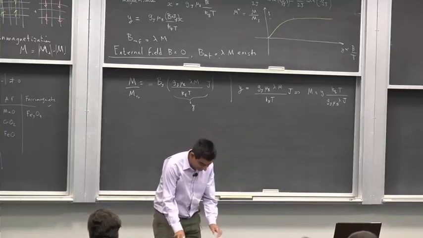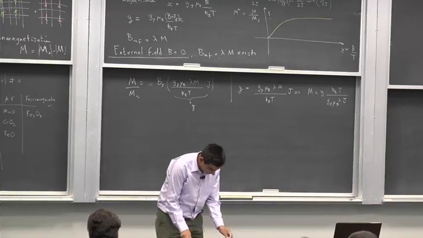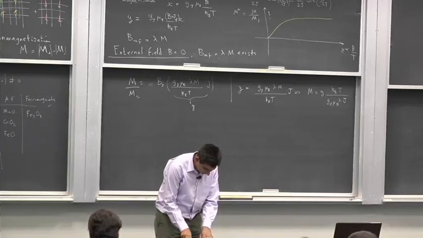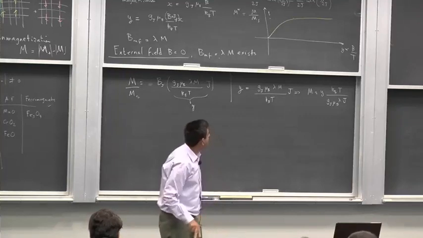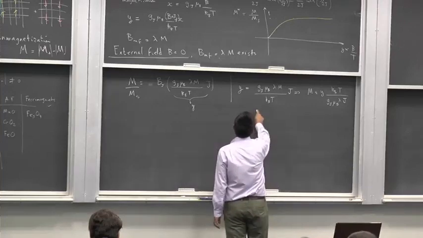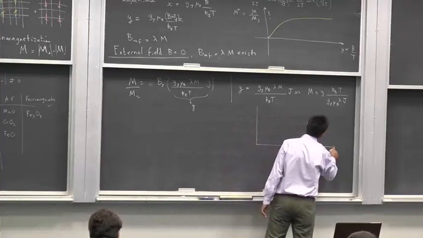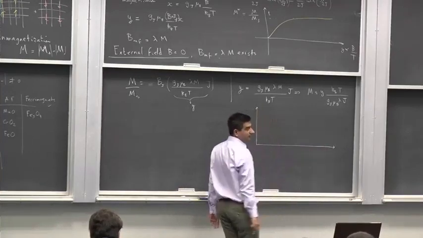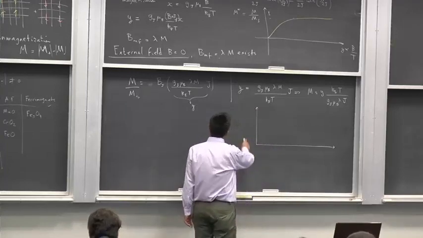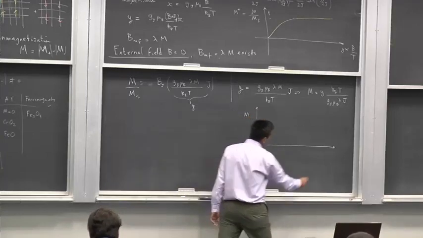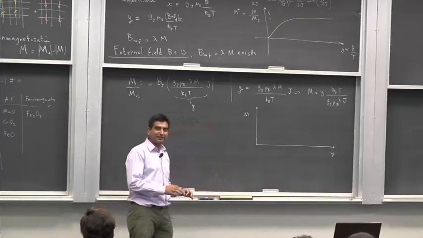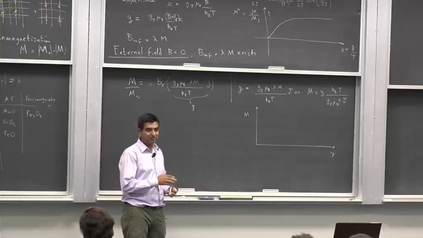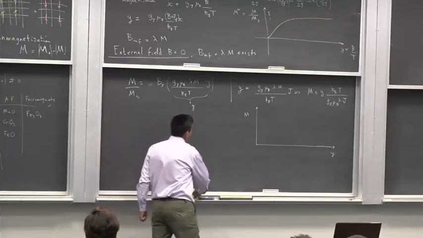Alright, now what I could do, if I plot M here and y here, and I have a paramagnetic material in which there is some internal field which tries to order the spins.